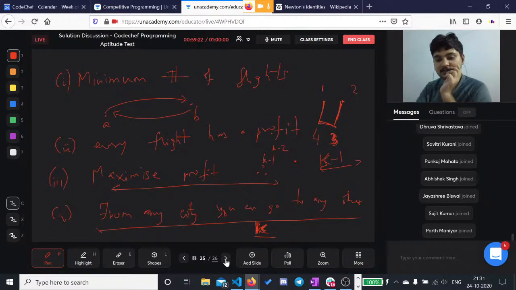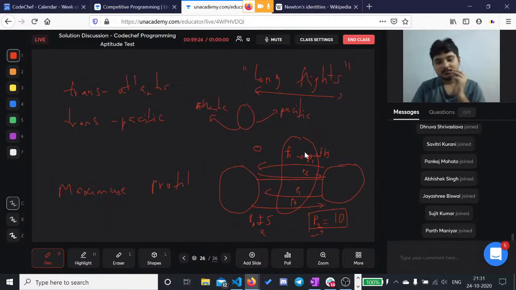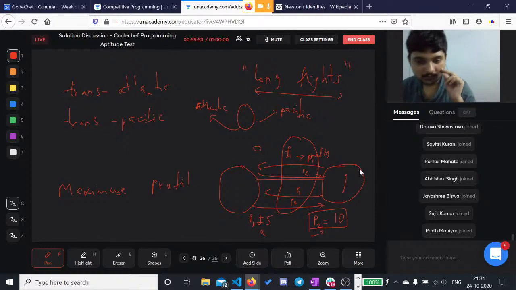There must be at least one flight that is a long flight. Basically, it's a transatlantic or a trans-Pacific flight, and it has to be one among the flights that has the maximum profit. But you might have to schedule multiple flights because there may end up being some domestic flights that are not profitable at all.